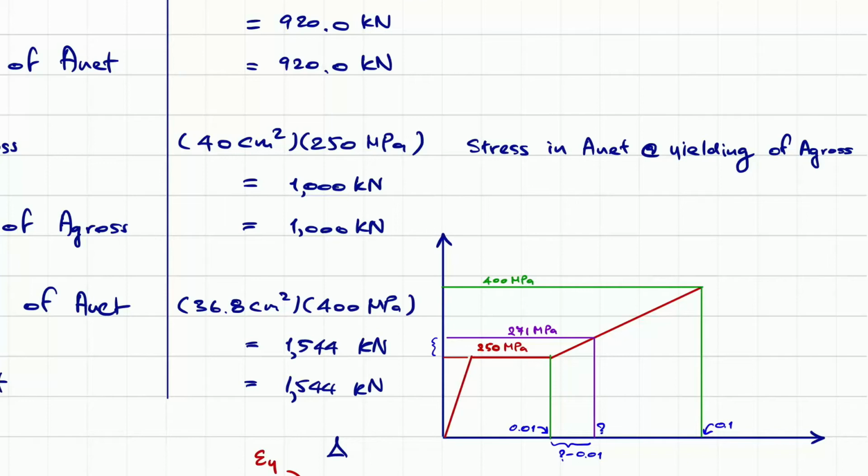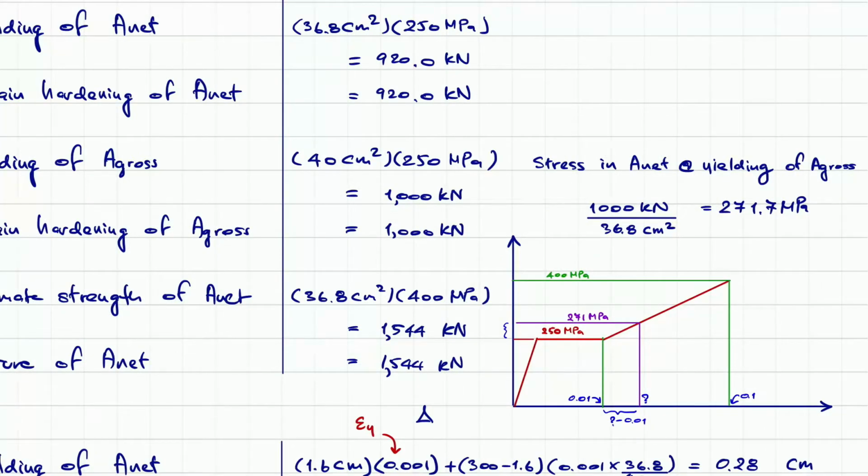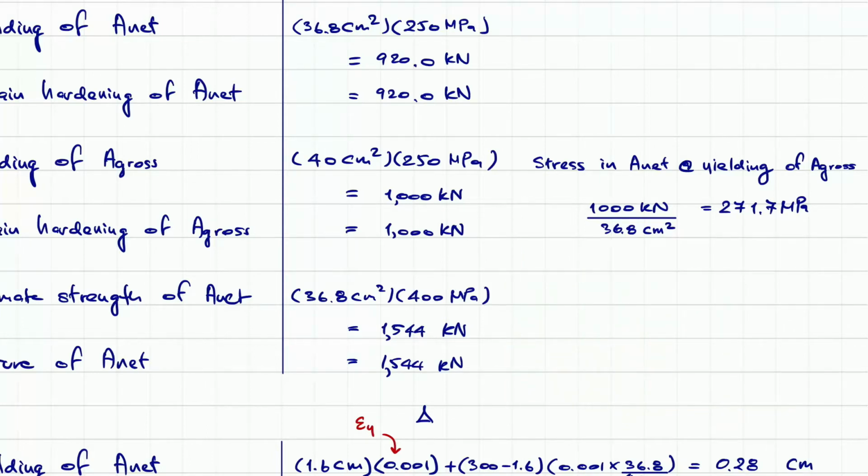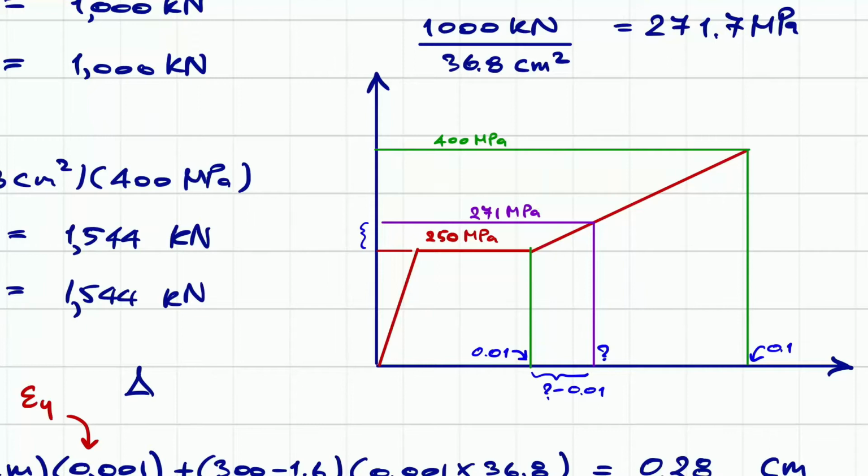Let me just rearrange things around a little bit so it is possible for you to understand. Just take this down this way and okay. So 271 minus 250 it is 21.7.